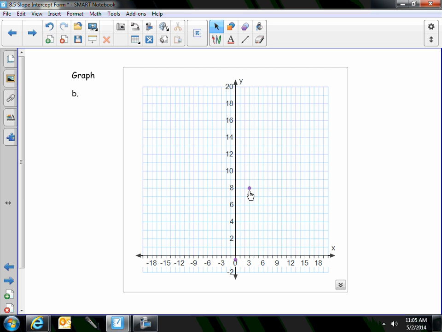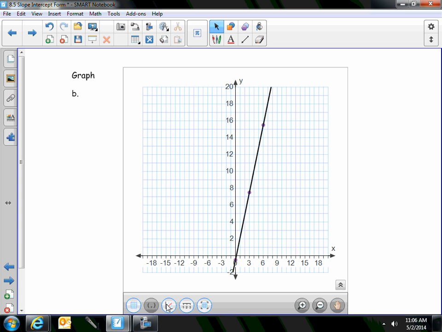Might just have to make it work, because it needs to go right here on the 2/3 mark, so right below it. So again, from here you can rise 8: 1, 2, 3, 4, 5, 6, 7, 8, and run 3: 1, 2, 3.